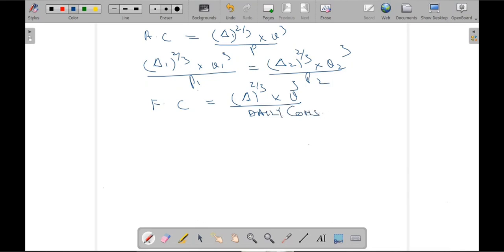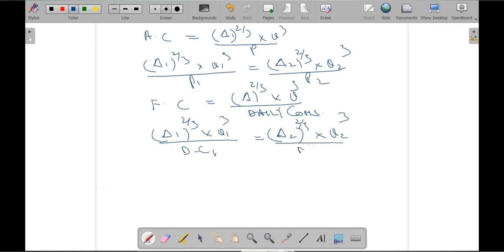This is the fuel coefficient formula, and from this we can write delta 1 2 by 3 into V1 cube divided by DC1. DC1 is daily consumption 1 under the first set of conditions, equal to delta 2 2 by 3 into V2 cube divided by DC2. So this is the next relationship which we developed.